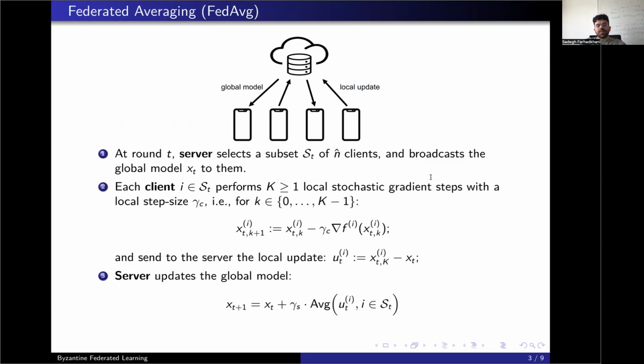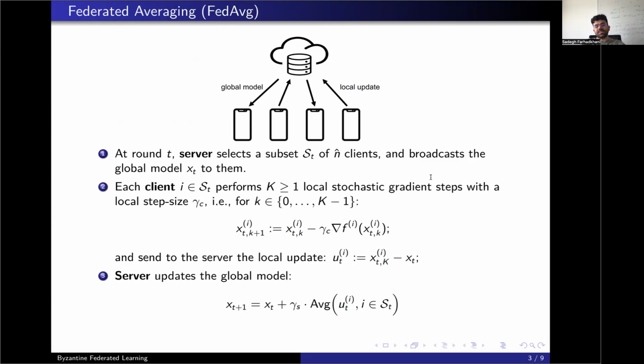The most well-known and actually the first algorithm for federated learning is called federated averaging, which is an iterative algorithm. At each iteration t of this algorithm, the server first selects a subset S_t of n-hat clients, where n-hat could be potentially way smaller than n.